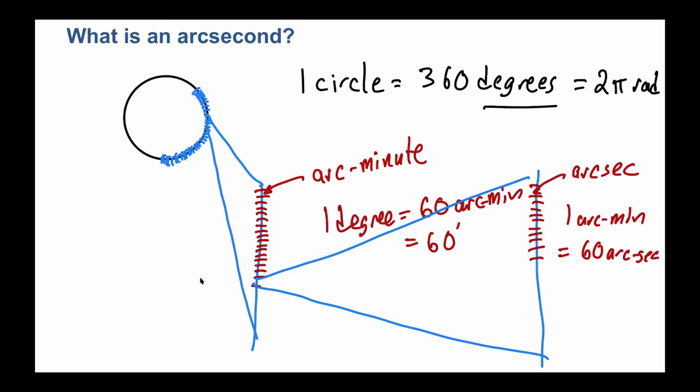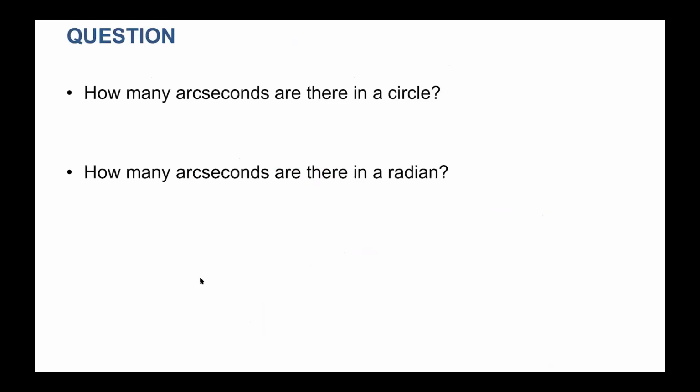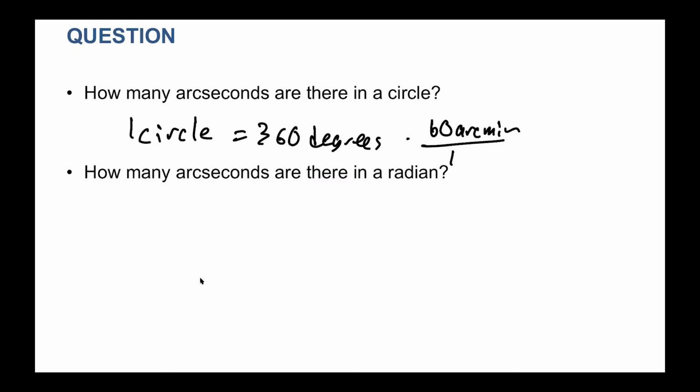So this is going to seem like some strange questions, but let's ask some other questions. How many arc seconds are there in a circle? Well, we know that one circle is 360 degrees. And now we can just do unit conversions. How many arc seconds is that? Well, we know that there are 60 arc minutes in 1 degree. The degrees cancel out.